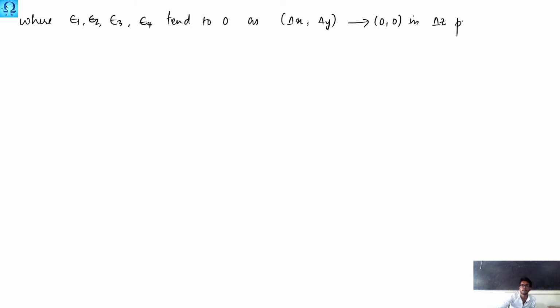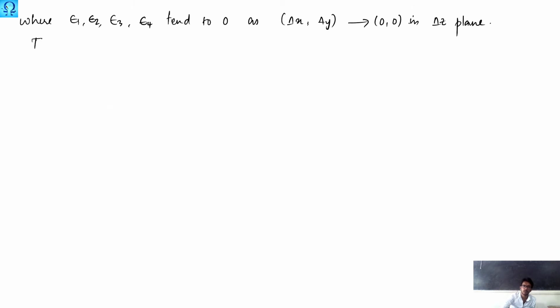Here we need to say one more thing: epsilon 1, epsilon 2, epsilon 3, epsilon 4 tend to 0 as delta x, delta y approach 0, 0 in the delta z plane.